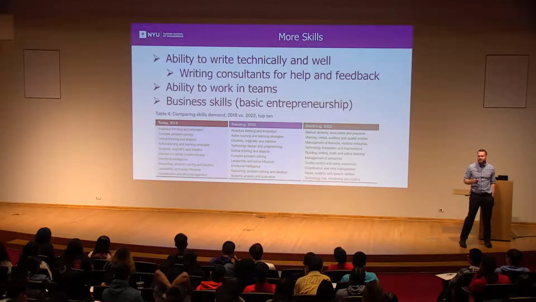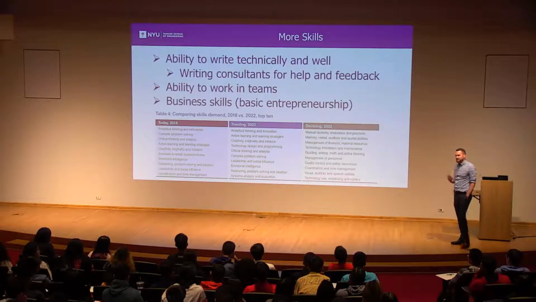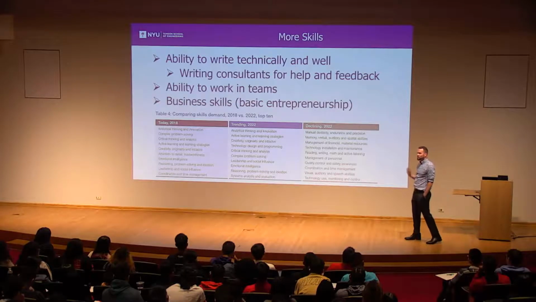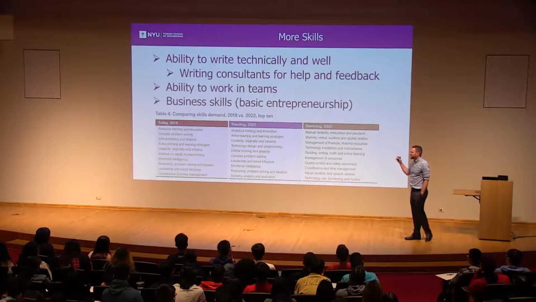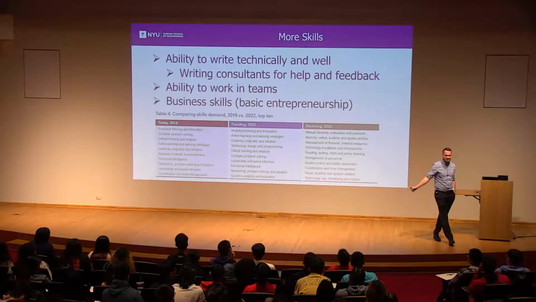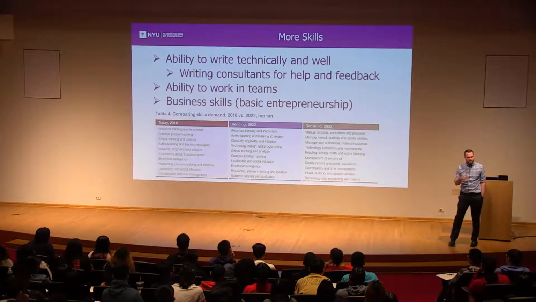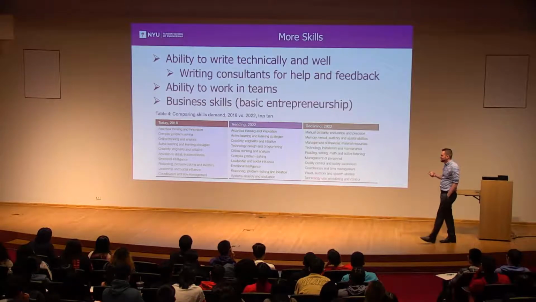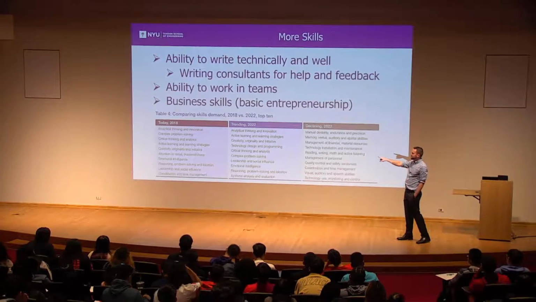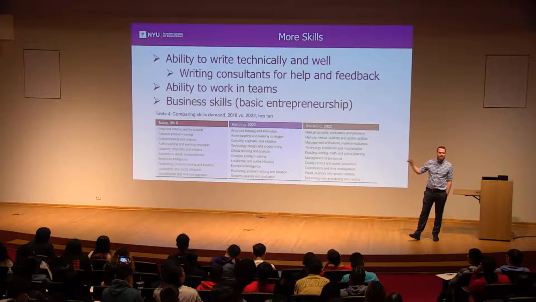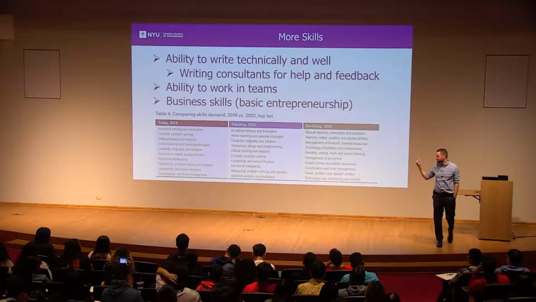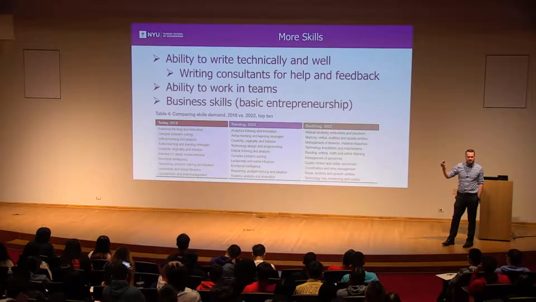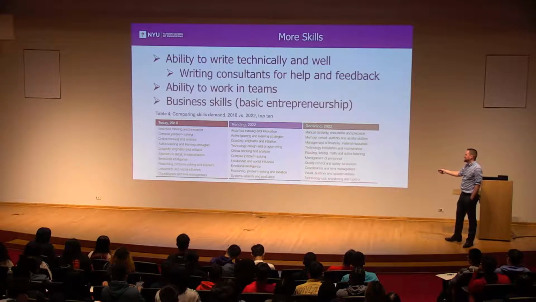So another group that looked into what employers really want is the World Economic Forum. This came in a report called 2020, The Future of Jobs. When you compare the skills and demands between 2018 and 2022, there are a number of changes we're going to see.